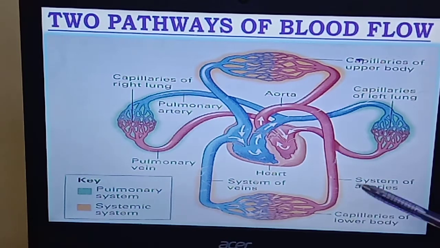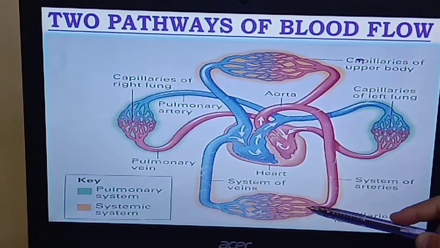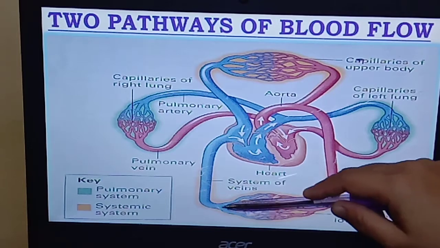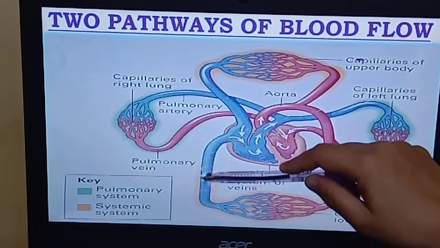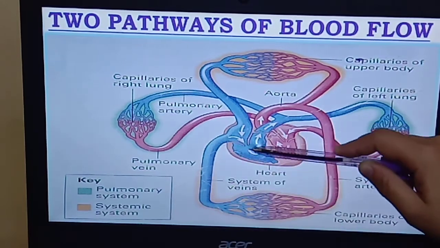Okay, in the capillaries, oxygen diffuses out of the blood and carbon dioxide diffuses in. The blood now becomes oxygen-depleted. The oxygen-depleted blood returns to the right side of the heart through the veins.